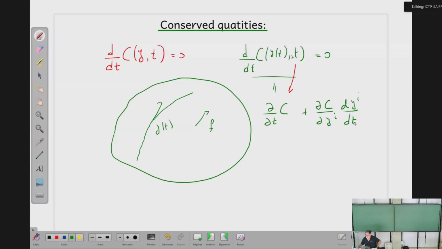But if I use the equation, this is just f. So this is fi times the derivative of C with respect to yi.